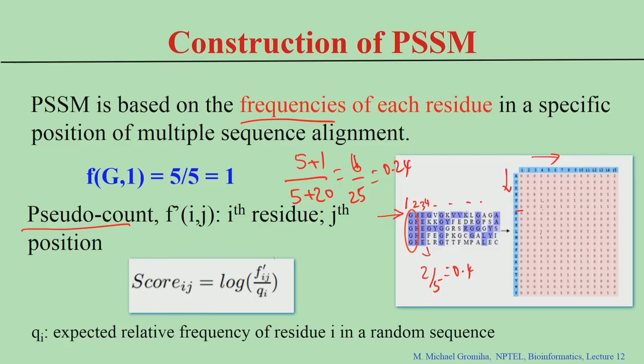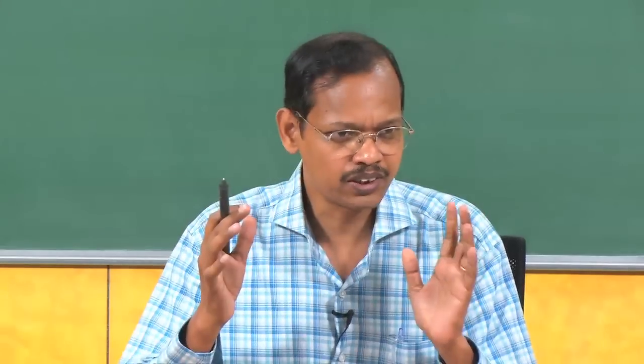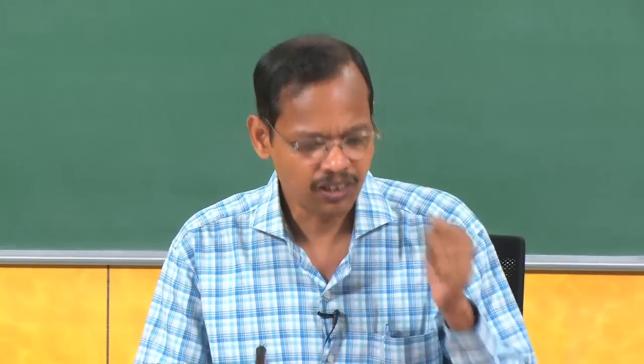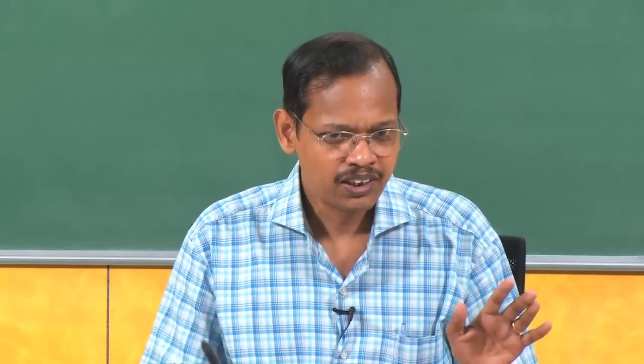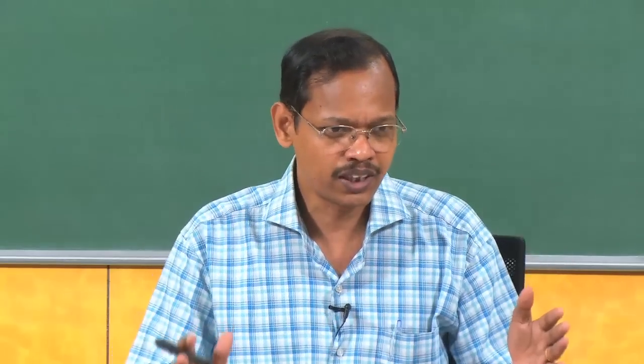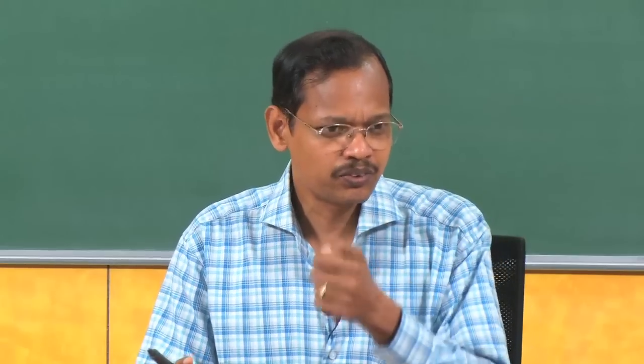This is f dash ij, and then they normalize with this qi, where q is the expected frequency of a residue i at a particular position in a random sequence. What is the expected frequency of a particular residue i at a particular position? Not all residues are randomly distributed in amino acid sequences. If all residues were randomly distributed, whatever sequence you take, each residue should have 0.05, but it is not the case.